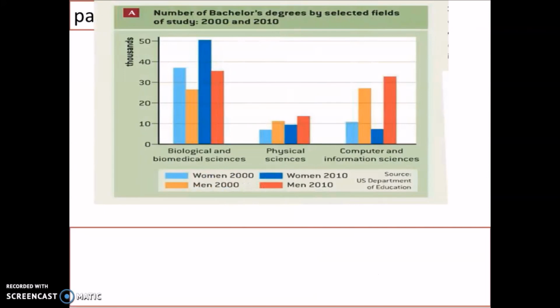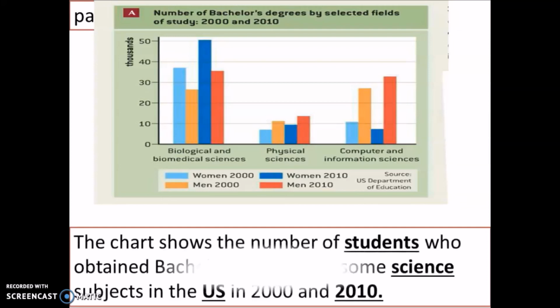There are some ways to describe a chart, and this is a very short sentence. I want you to stop the video again and try to fill in the blanks looking at the chart, and then we will discuss together. Okay, so this is the answer.